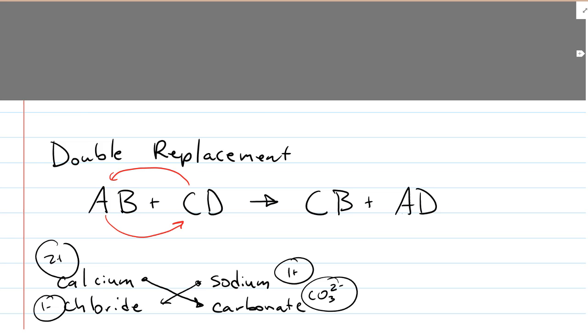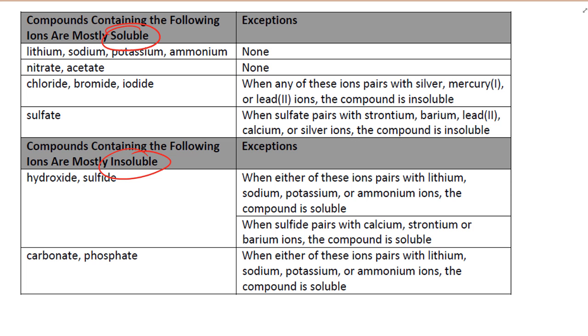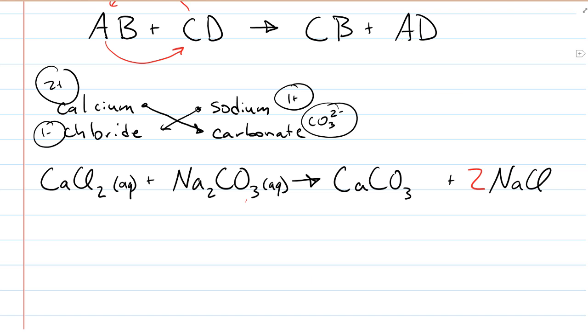So we come back here and we see that carbonates are at the bottom. They are under the category of insoluble. And then we look for some exceptions. Is calcium carbonate an exception? No, it's not. So since it is insoluble, what is a phase label for something that is insoluble? Solid, right. Remember, S doesn't stand for soluble, S stands for solid.